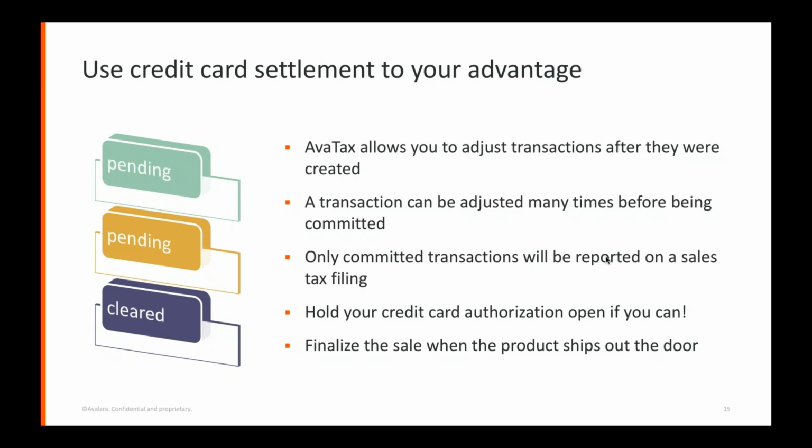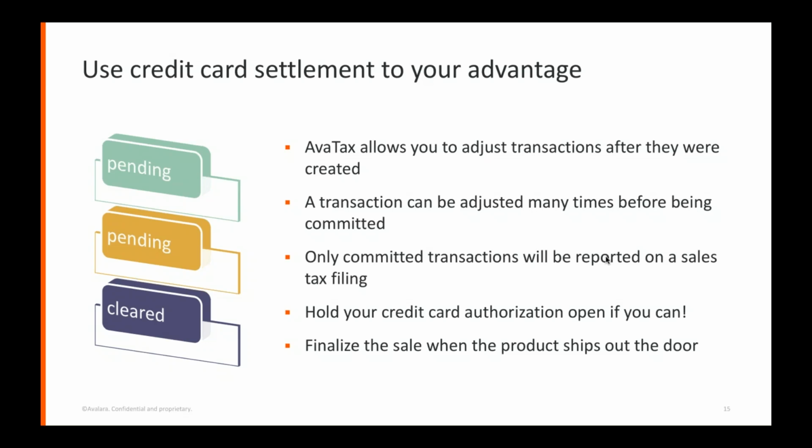Next thing I want to mention is credit card settlements. This is actually something that doesn't get talked about a lot, but I think it's really valuable. The story here is that if you are one of those customers who doesn't know where your product will ship from, if you don't know exactly which day it will ship, sometimes a matter of one day in difference will change your tax calculation.